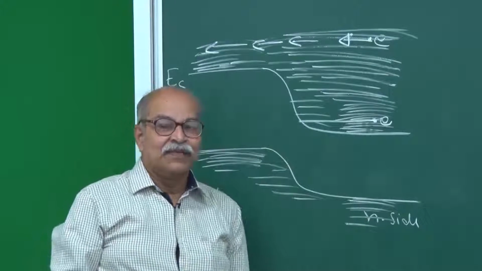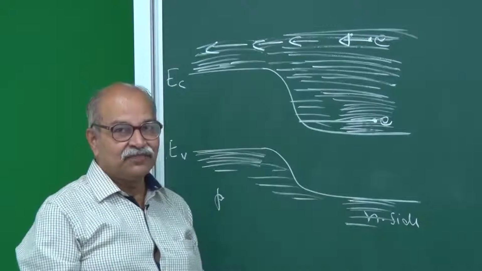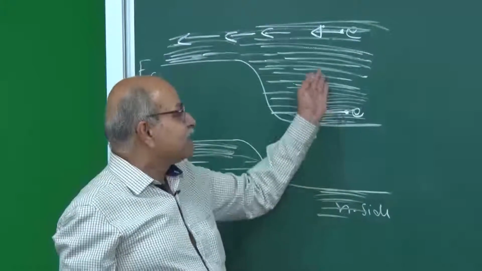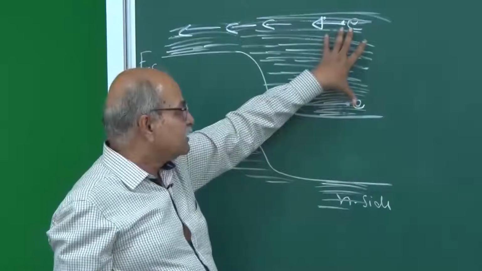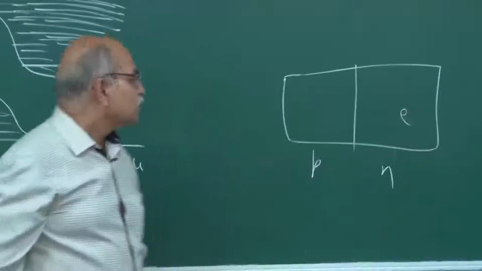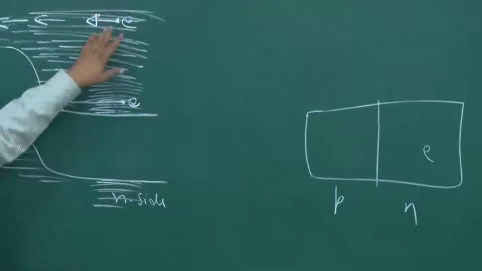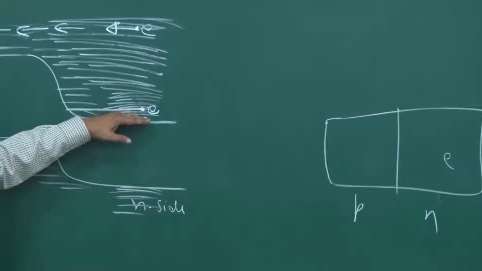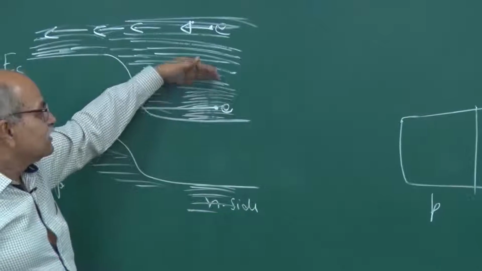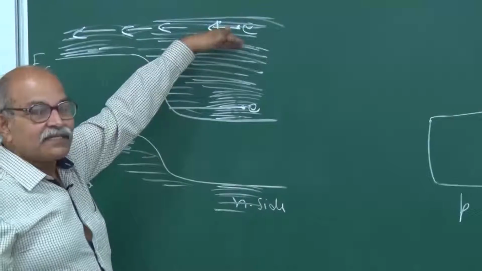So it becomes very important to find the occupancy of these quantum states. You have many conduction electrons here; how many of those electrons are in these quantum states, in these quantum states, and so on?